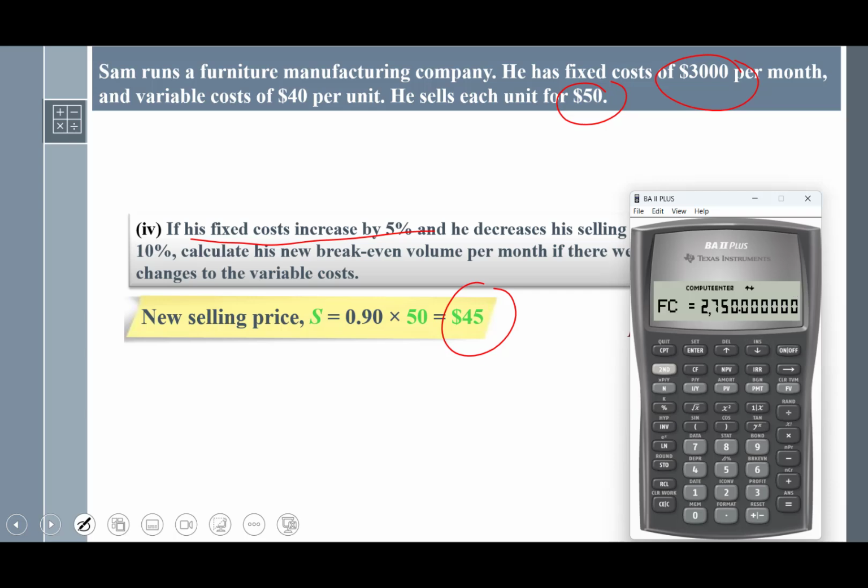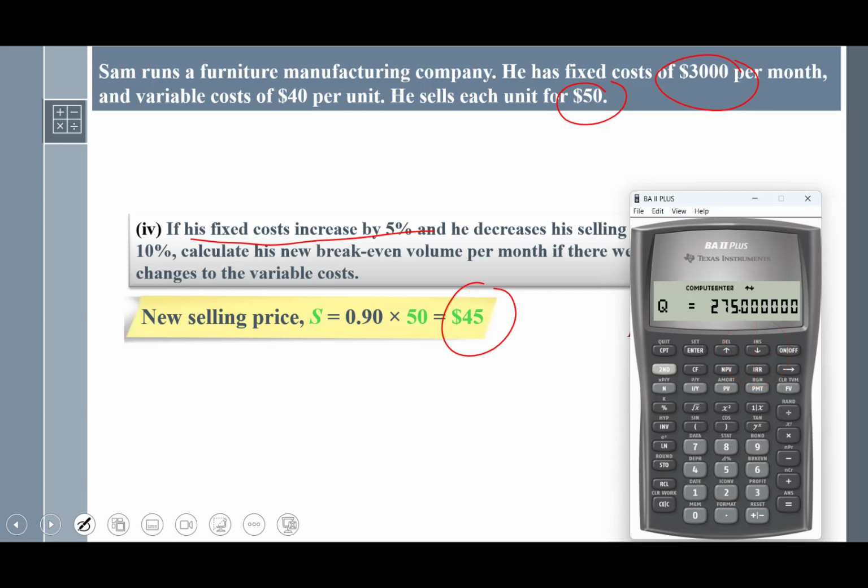Okay, so fixed cost now is 3,150. There is no change to the variable cost, and the price is $45 now. Still, break-even point.